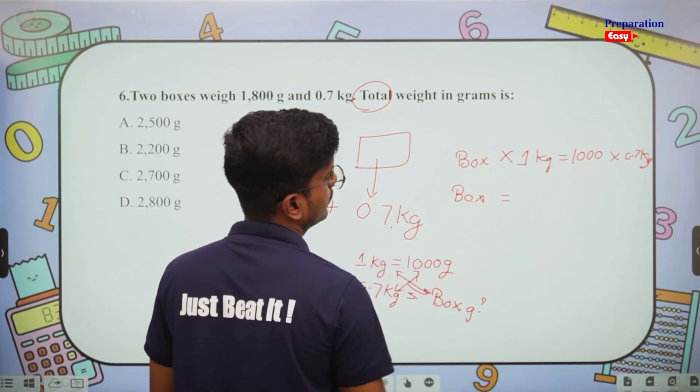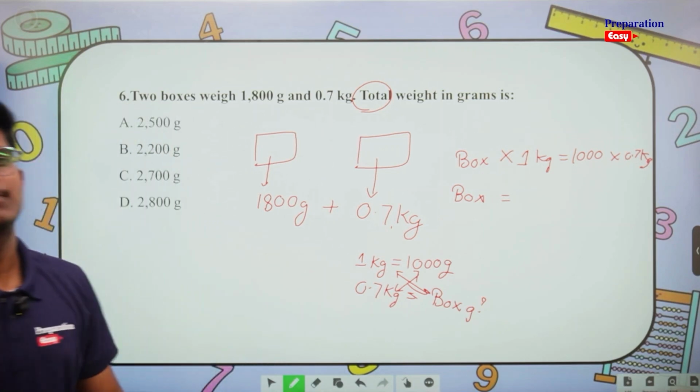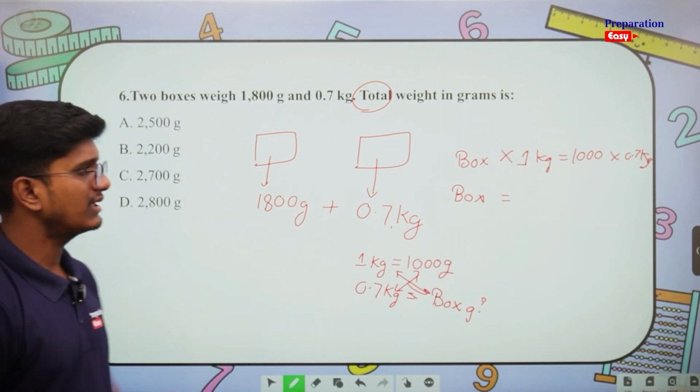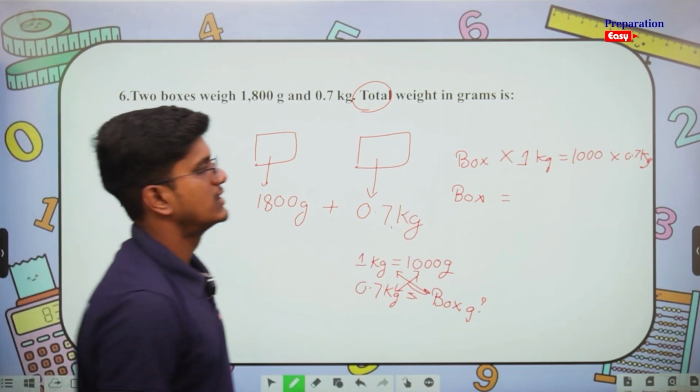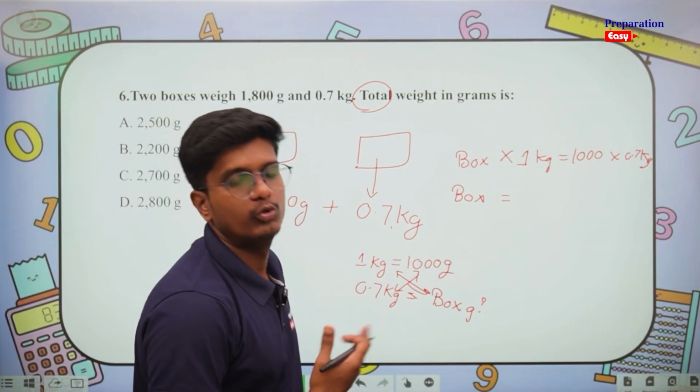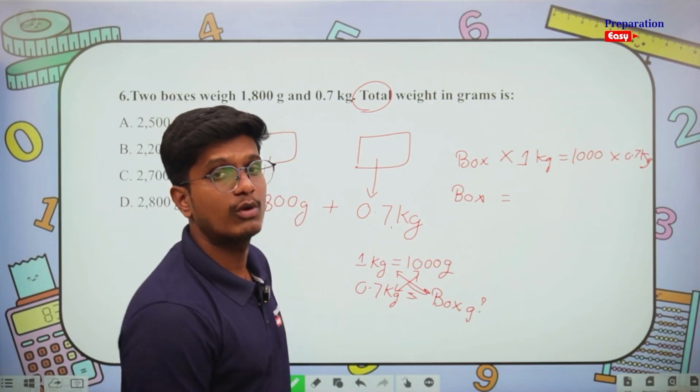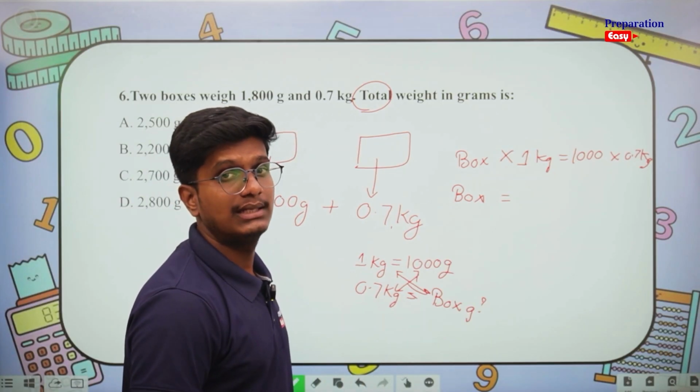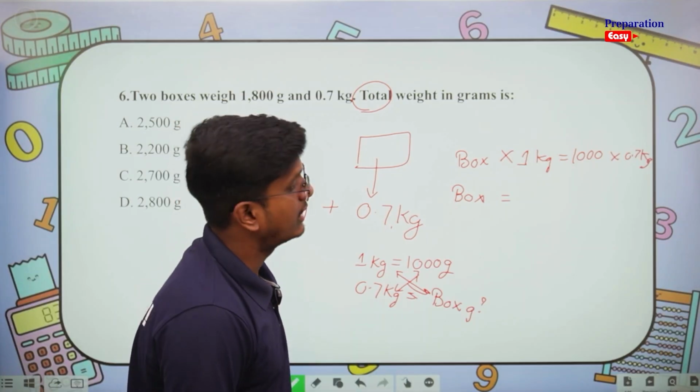Now 1000 into 0.7. So we don't know what 0.7 is, right? This is 1 kilogram. So if we go 0.1, 0.2, 0.3, 0.4, 0.6, 0.7 up till 0.9, after that we will get 1, right?